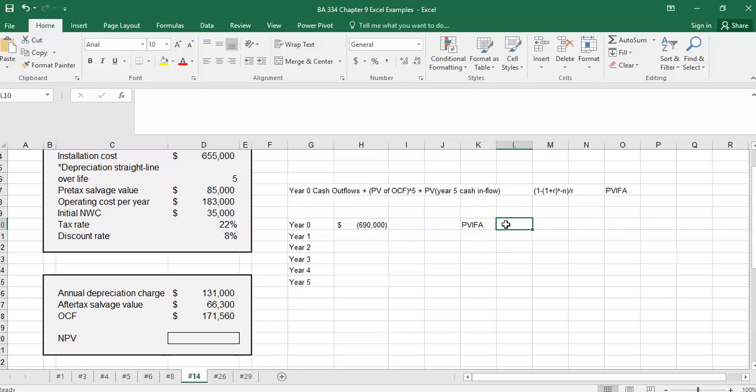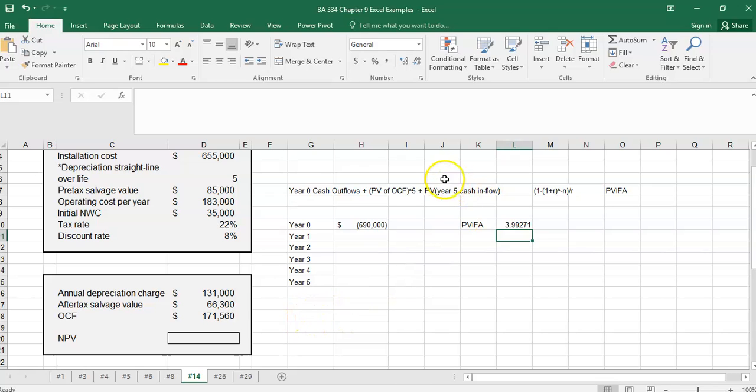Okay, if we're doing the math out, we take equals 1 minus 1 plus a percent to the power of negative our useful life, 5 years, divided by the rate. Okay, so we get a present value interest factor of 3.99. Then we have the present value of year 5.